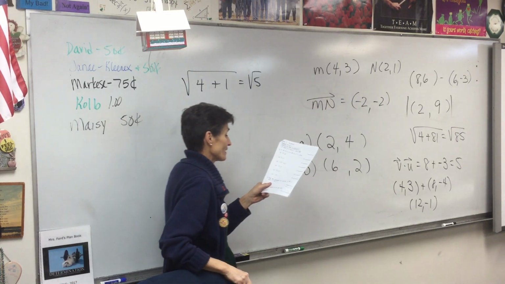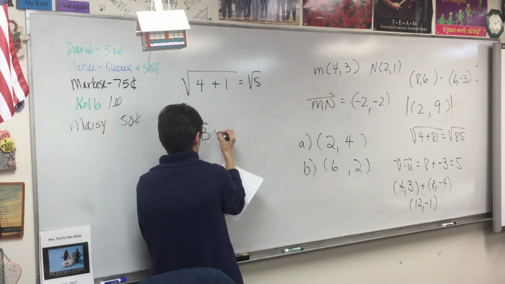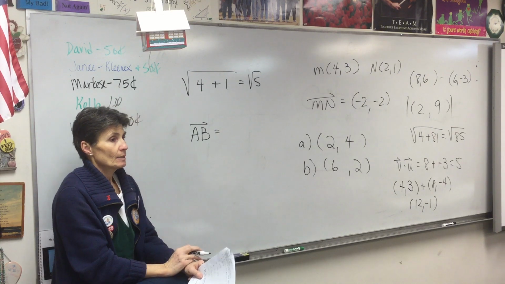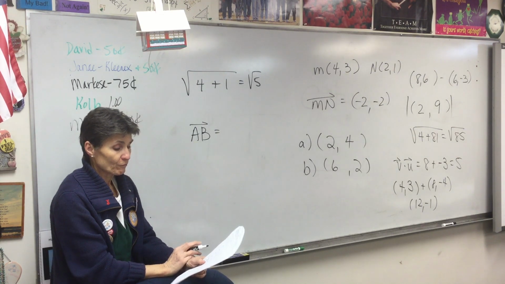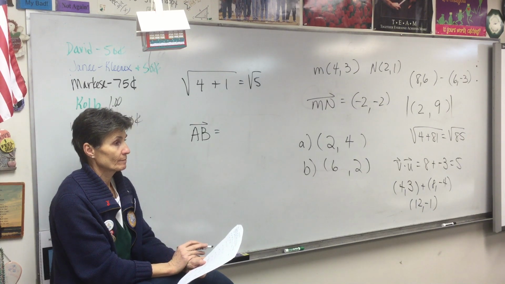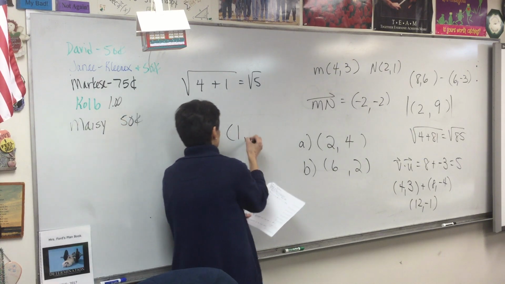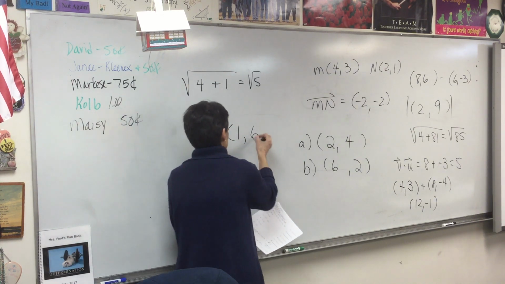So we're going to find the components and magnitude of AB. What is the component? Components are X comma Y. We're going from 3 to 4. That would be 1. And 1 to 7, 6.